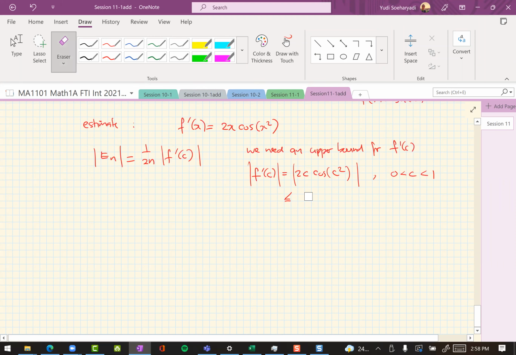So we say cosine at c, so this is still equal. All right, c is less than 1, so 2c is less than 2. That's easy. Cosine is always less than 1.